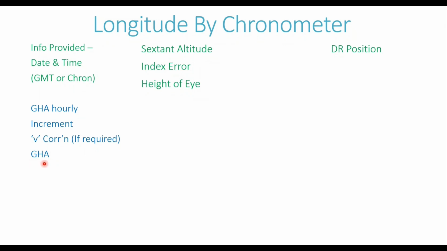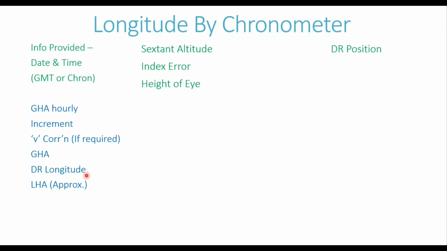So this is the first step. We obtain the accurate GHA of the body. Now, once we have the GHA with us, we also have the DR longitude known. DR longitude is given to us in the information.